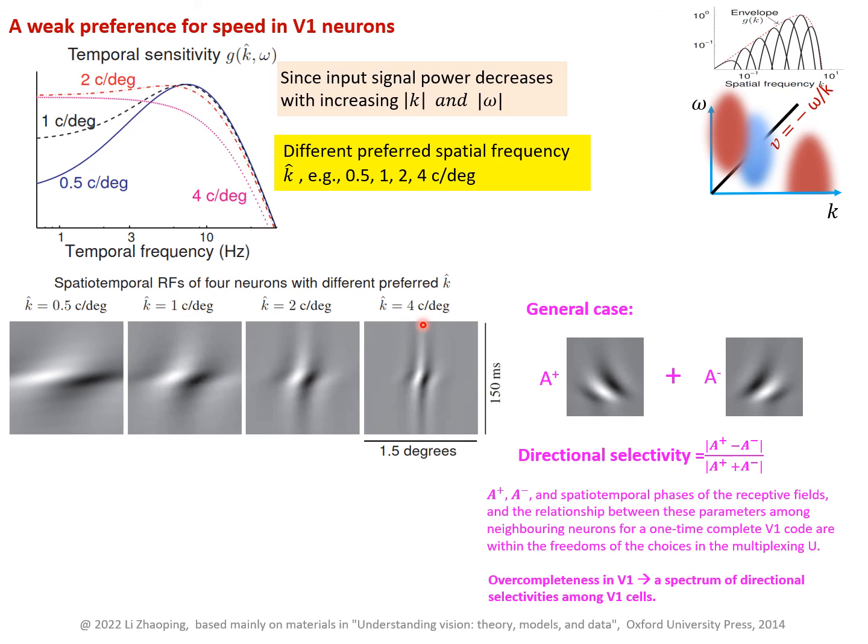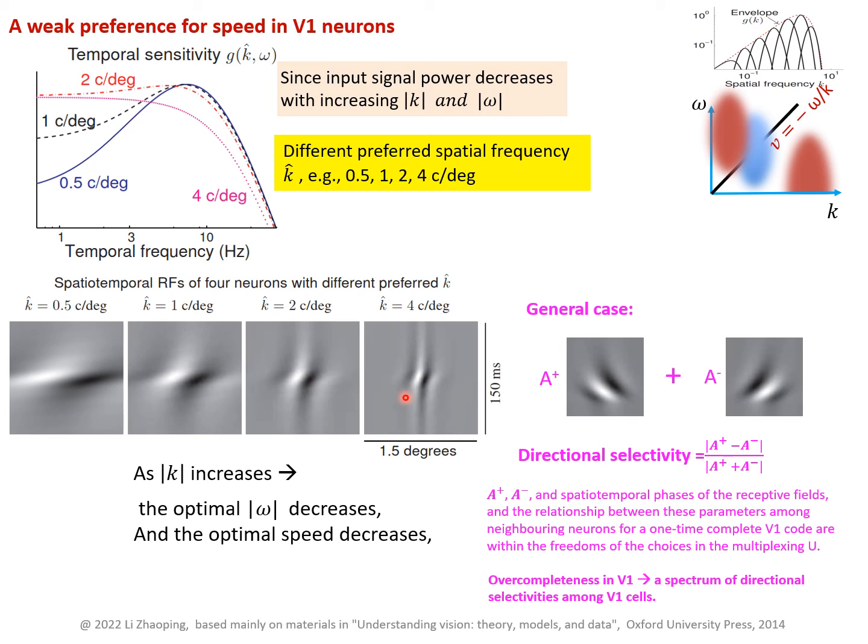As the preferred spatial frequency increases, the receptive field sizes decrease, as we can expect. Meanwhile, temporally, this filter is sensitive to faster temporal changes than this one, and then this one. So as the receptive field sizes become smaller, the optimal speed also decreases.